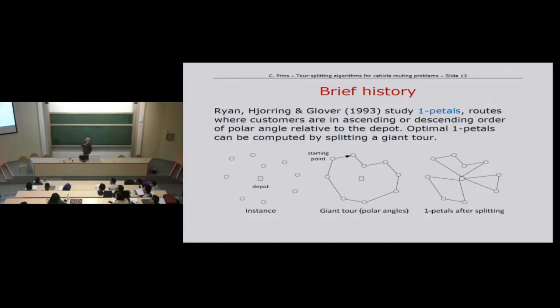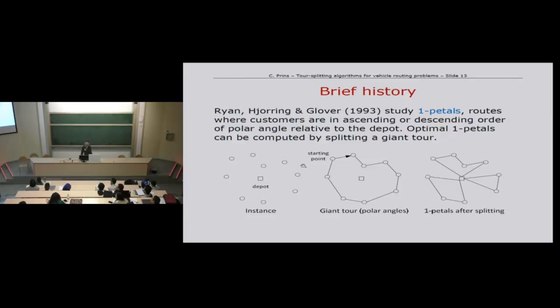They studied one-petal routes. One-petal routes are routes where the customers are in ascending or descending order of a polar angle relative to the depot. So you see, this is a petal, this is a petal. For instance, if your vehicle goes anti-clockwise, and if it comes back clockwise, it is not one petal. They noted that you can compute solutions made of one-petal routes very easily by splitting a giant tour.